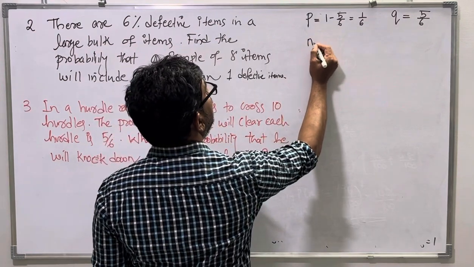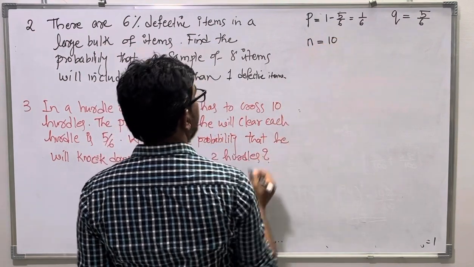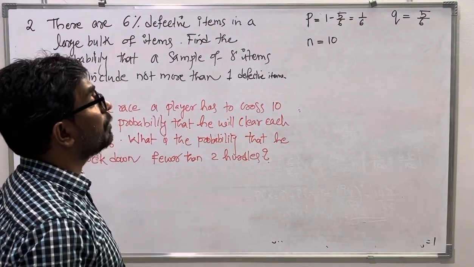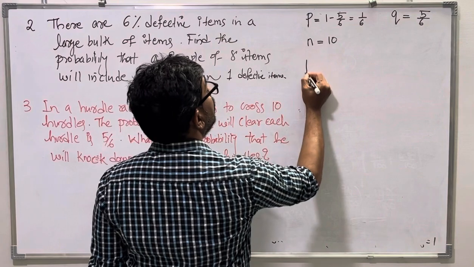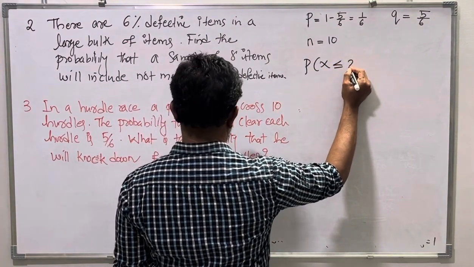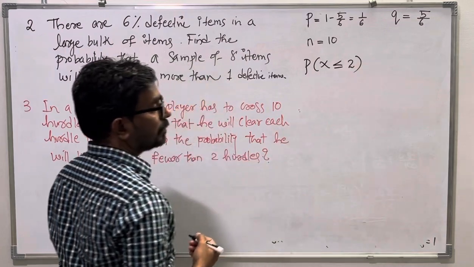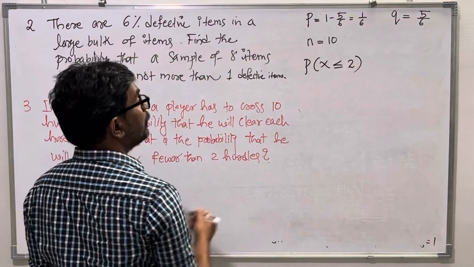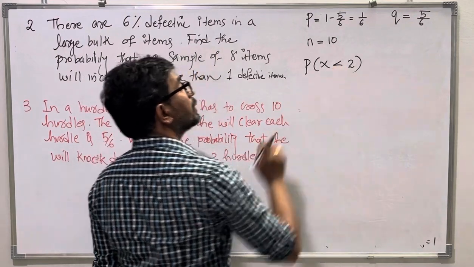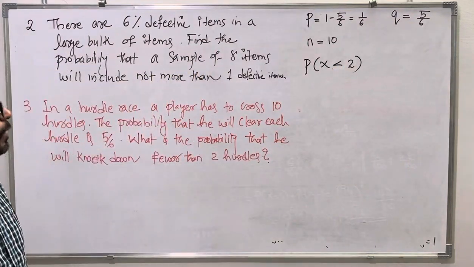There are 10 hurdles. So he will knock down fewer than 2. So you have to find the probability of x less than 2. This is the situation. Fewer than 2 means, sorry, it cannot be equal to 2, it should be less than 2.